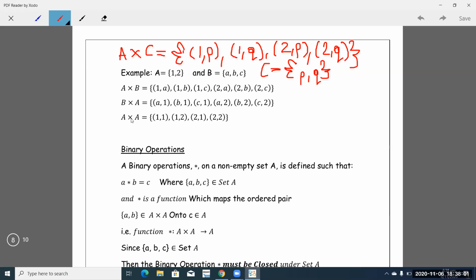Now the next thing that we're going to talk about is binary operations. Finally, we're at binary operations. Now, what is a binary operator? A binary operation on a non-empty set A is defined such that a star b equals c, where a, b, and c are elements of set A, and star is a function which maps the ordered pair.